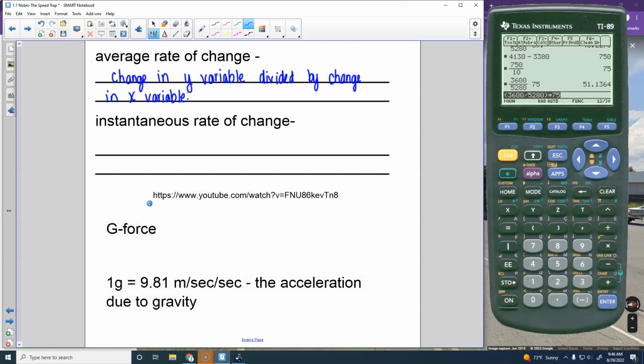That change in your x variable is typically, usually if time is one of your variables, it's usually on the x-axis, but not always.